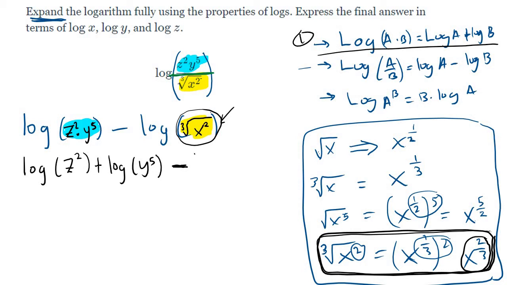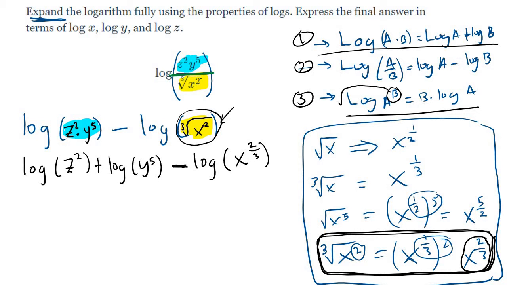So I'm going to replace that with log of x to the power of 2/3. Okay, we're almost done. What we need to do now is to apply rule number 3. We're going to apply this rule to bring the exponent to the front of each log. So we're going to do that. There's an exponent 2 here.